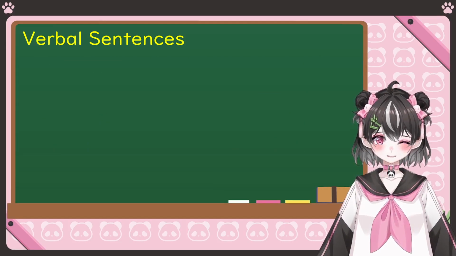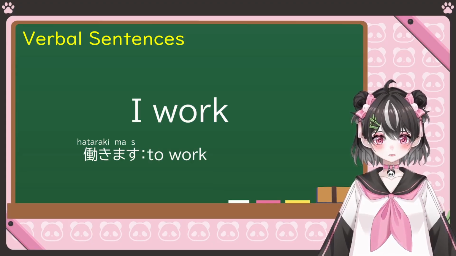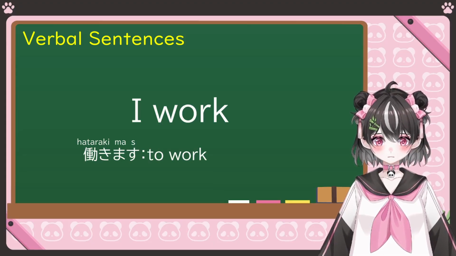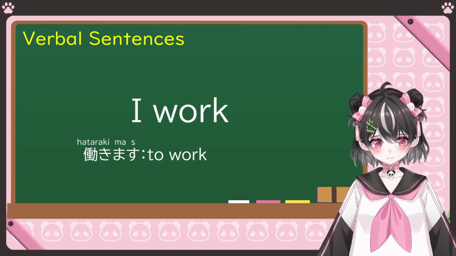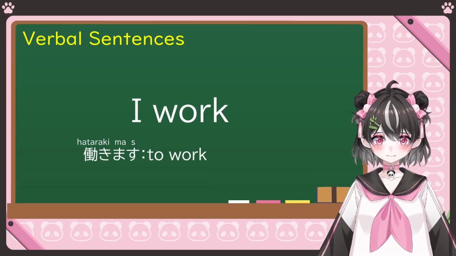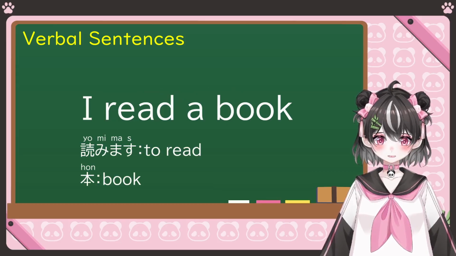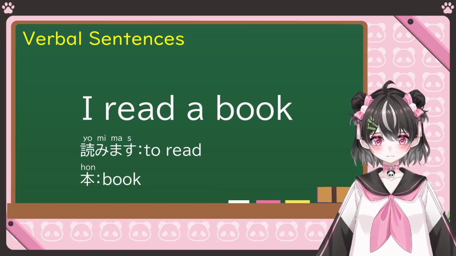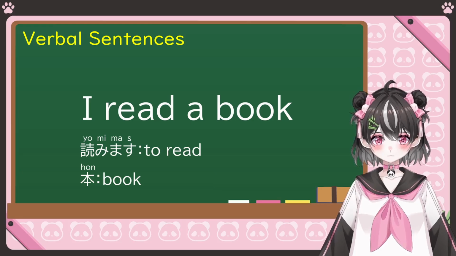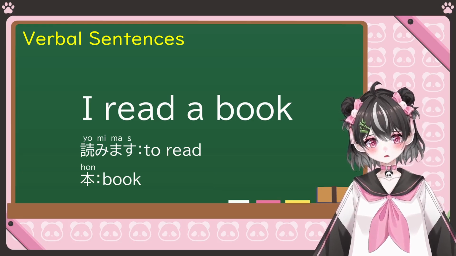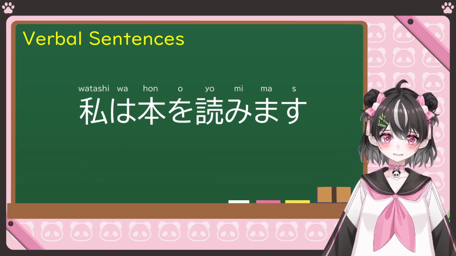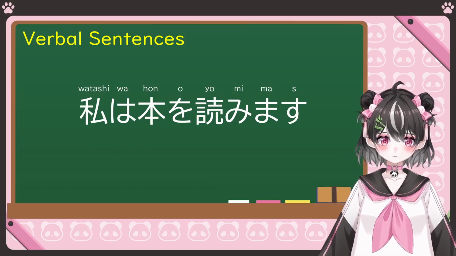Okay then, let's practice. How do you say this in Japanese? 私は働きます. How about this one? 私は本を読みます.